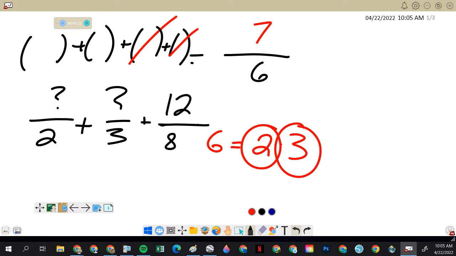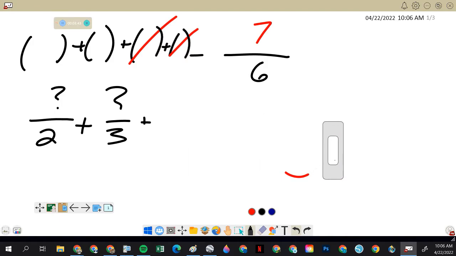How do I know it's not 12 over 8? Because that would simplify to have a 2 on the bottom. So how can I guarantee that 12 over 8 wasn't one of the original answers? Because I said all of the original fractions were simplified. So this can't happen.